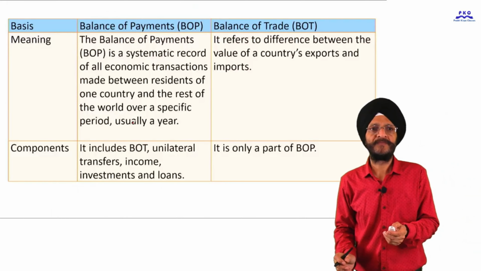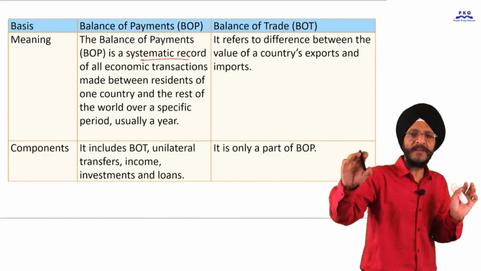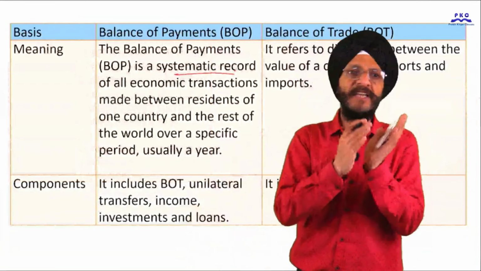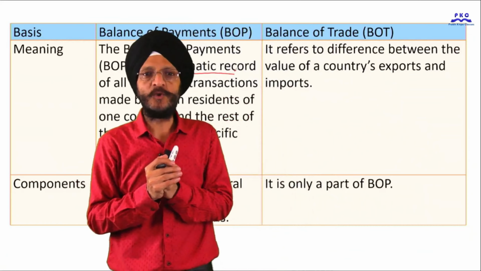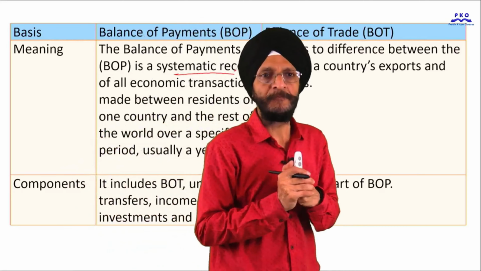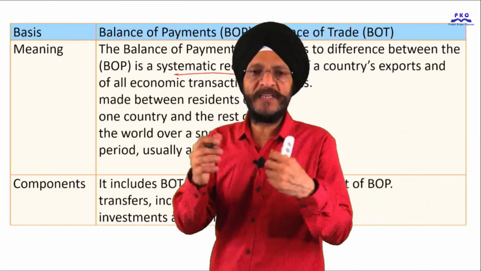Let us see. The balance of payment is a systematic record of all economic transactions which take place between the residents of one country and the rest of the world over a specific period. We have already discussed in detail the meaning of residents.